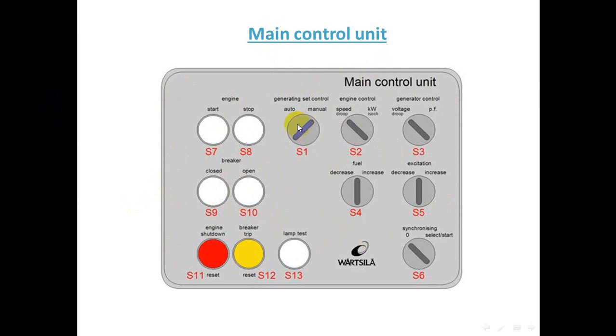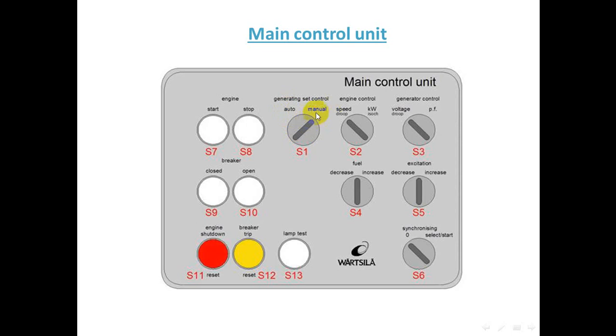S1. What does S1 mean? If you look at this element, you see the auto or manual selector. The S stands for switch or selector. It selects control of the power plant by automatic or manual.